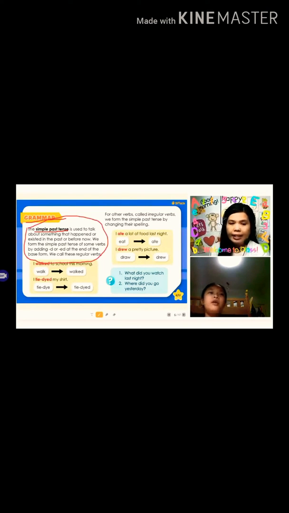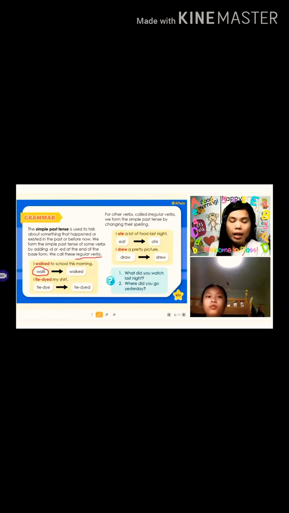The simple past is used to tell about something that happened or existed in the past, or before now. We form the simple past tense of some verbs by adding "d" or "ed" at the end of the verb. We call these regular verbs.